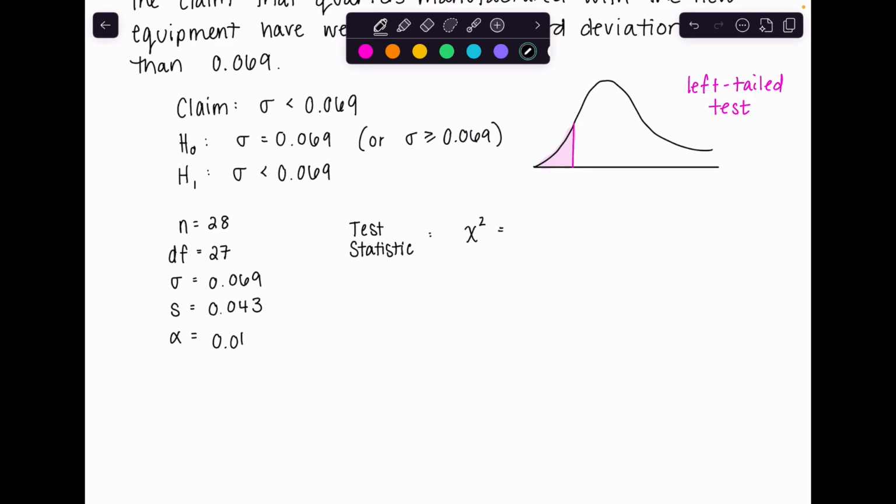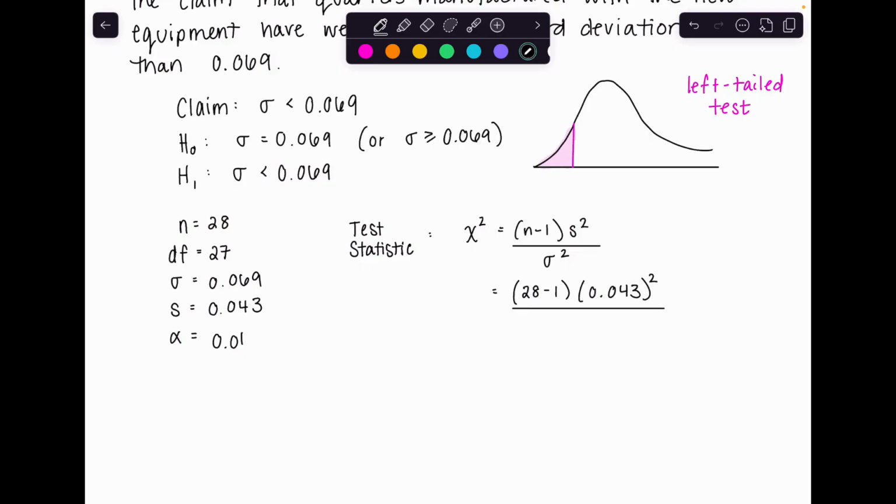So for chi-squared, it's n minus 1 times s squared over sigma squared. Now here, I'm just given s, so I do need to square it. So our test statistic is going to be 28 minus 1. We need to take 0.043 and square it.